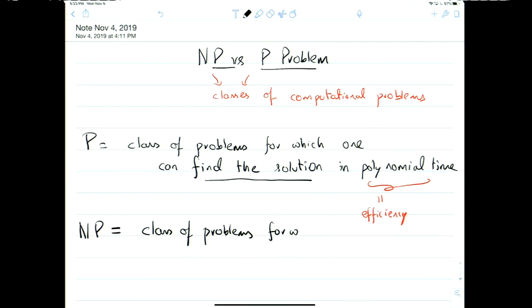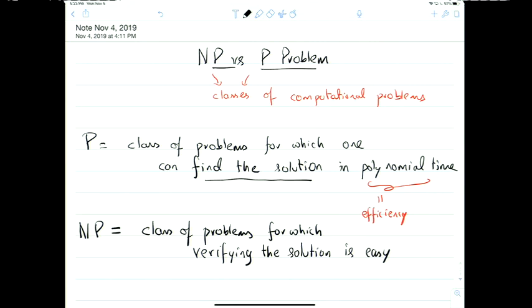Verifying the solution is easy, as in solvable in polynomial time. You can verify in polynomial time.